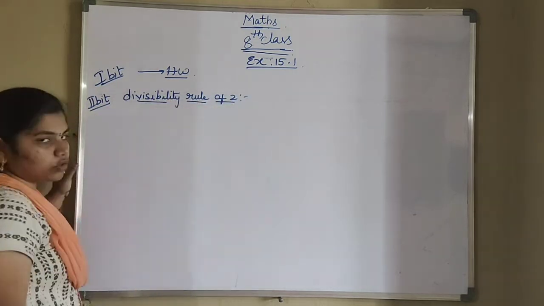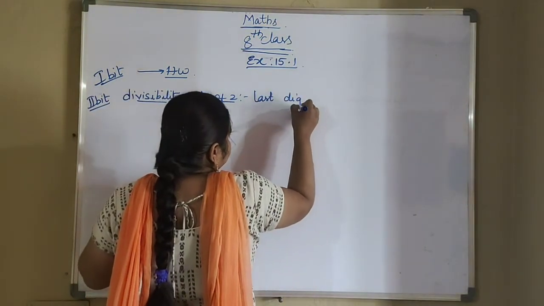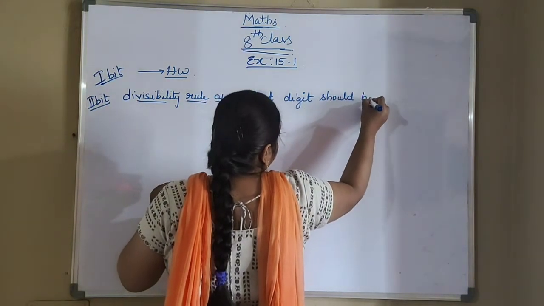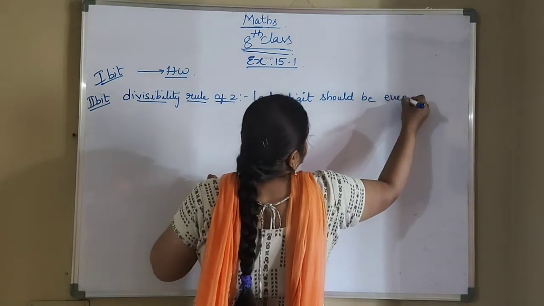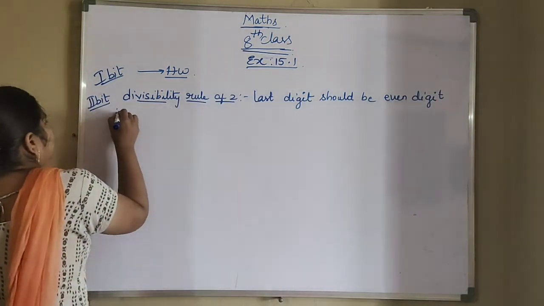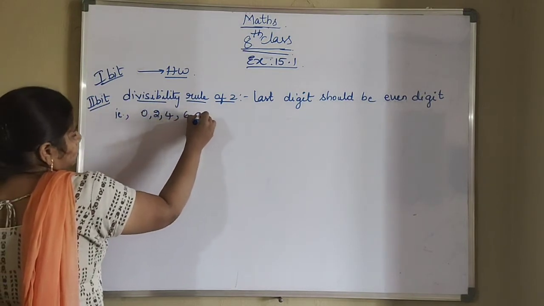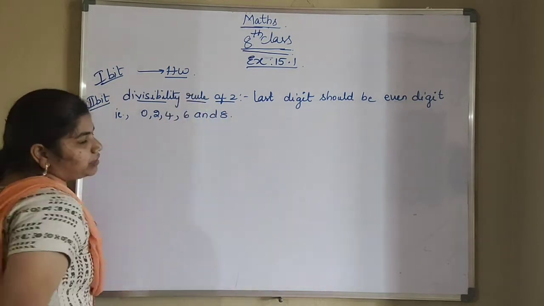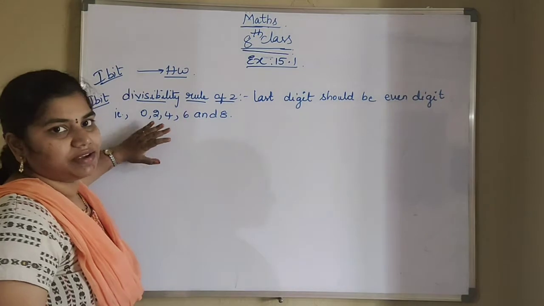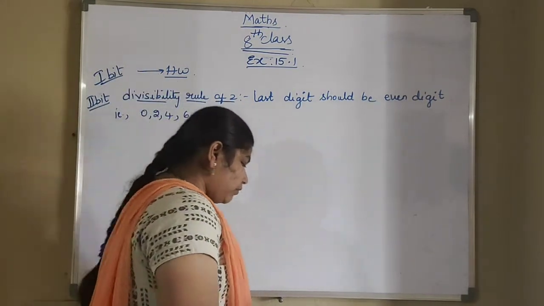Last digit should be even digits. That is, even digits are nothing but 0, 2, 4, 6 and 8. So if the last digit is 0, 2, 4, 6 or 8, then the number is divisible by 2, we can say. So what is the first one in that?